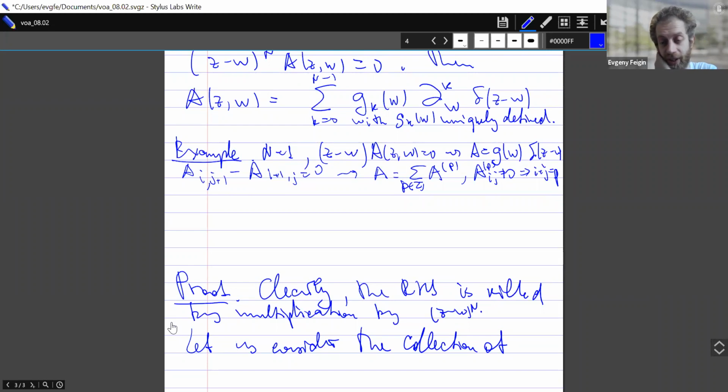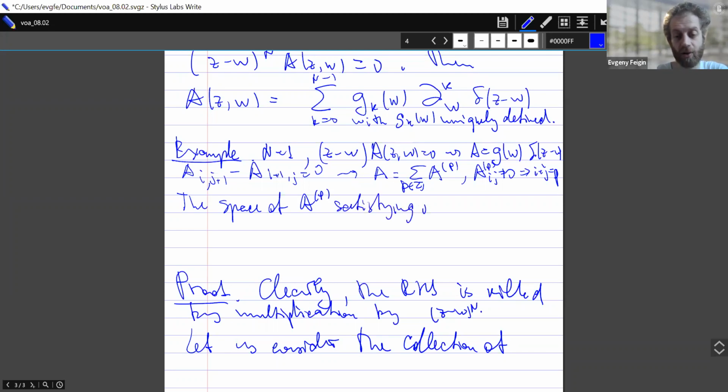And it is also clear that the space of A_p satisfying our condition is one-dimensional.